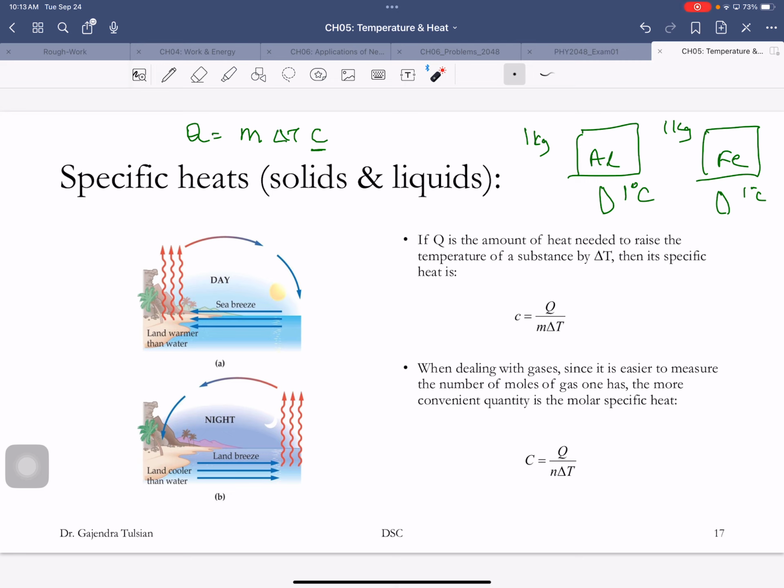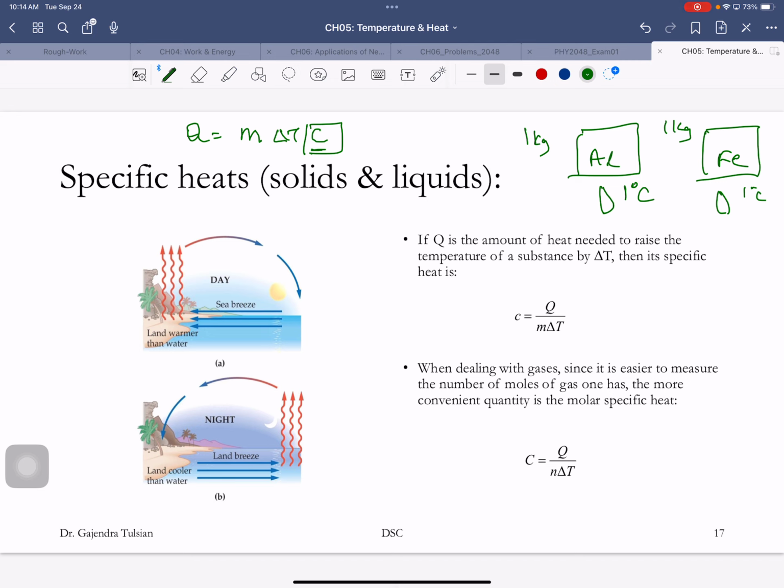So the higher the specific heat, the more heat you need to raise the temperature. And for a given amount of heat, the higher the specific heat, the less the temperature will rise. So what we want to remember is, the higher the specific heat, the harder it is to change the temperature of the object.